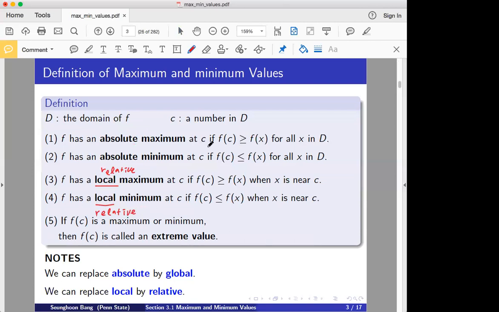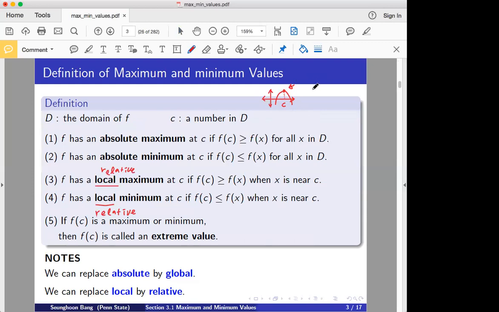So I will explain. Here, absolute maximum. This is a graph, and the graph is like this. This point is c. Is this an absolute maximum? Is f of c an absolute maximum in this case?